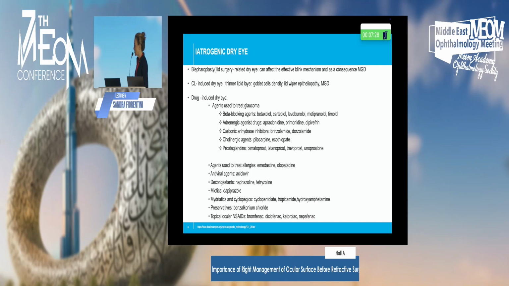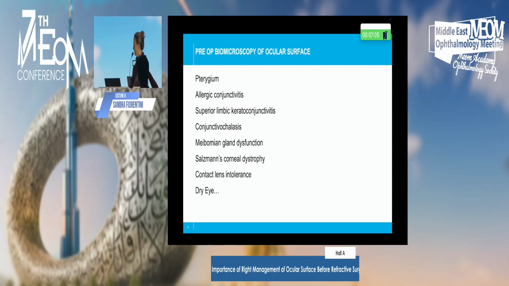It's important to mention iatrogenic dry eyes; not all the time does the patient mention the drugs they are taking. We have to rule out anti-glaucoma drops, and also oral anti-allergics, antivirals, and this whole long list of oral medications that bring dry eyes to the patient.